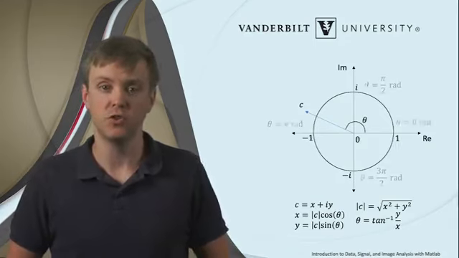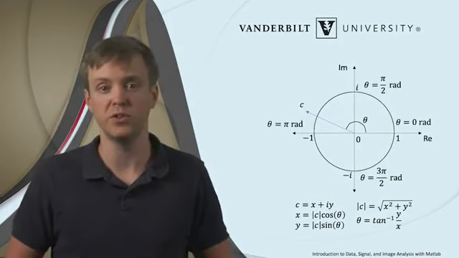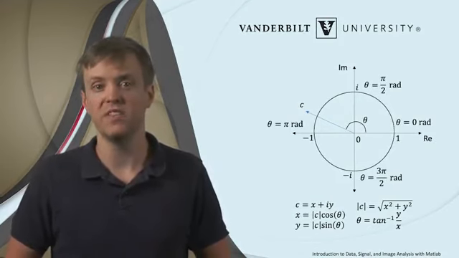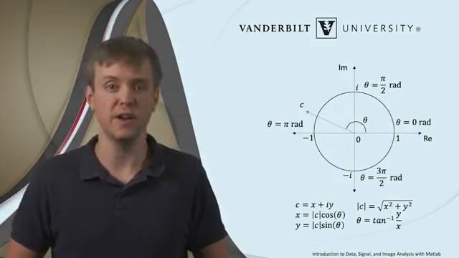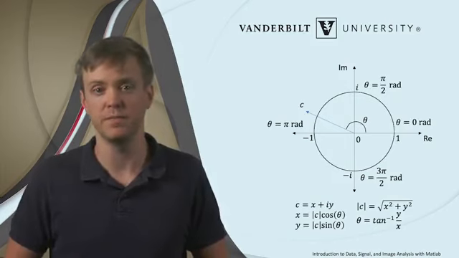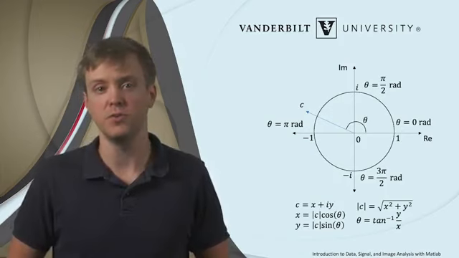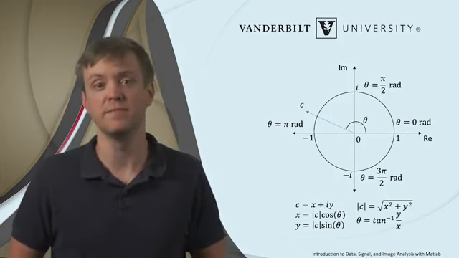On the unit circle, when theta is equal to 0, c equals 1 and is a real number. When theta is pi over 2 radians, c equals i. When theta is pi radians, c again is a real number equal to minus 1. At 3 pi over 2, c is minus i and purely imaginary again. Circling back to 2 pi, c again is equal to 1.